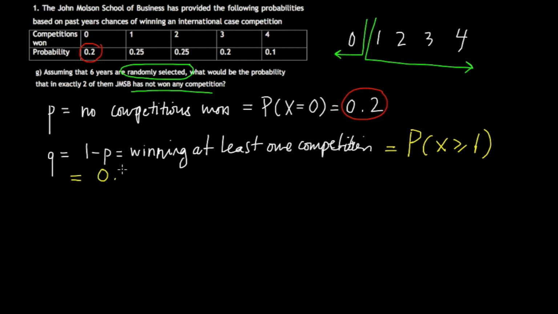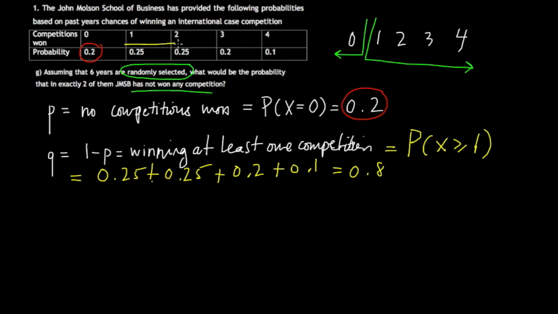And that's equal to 0.25 plus 0.25 plus 0.2 plus 0.1, okay, which is going to equal a total of 0.8.